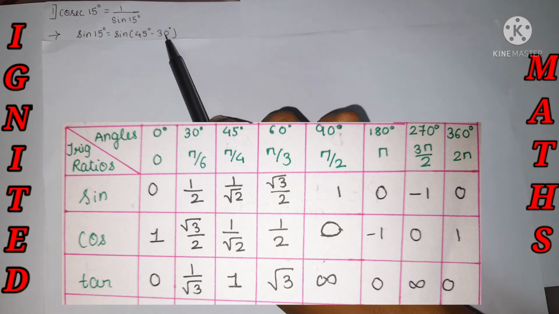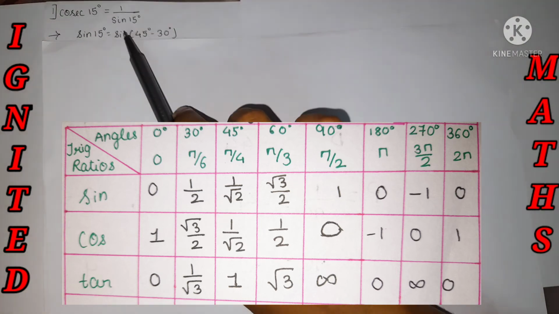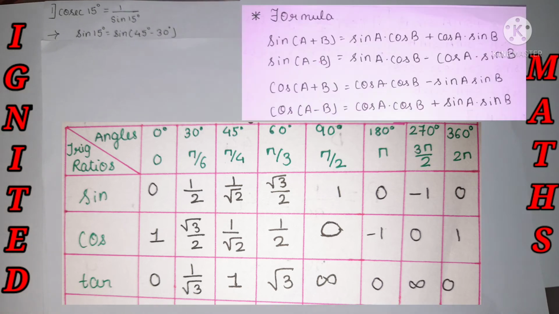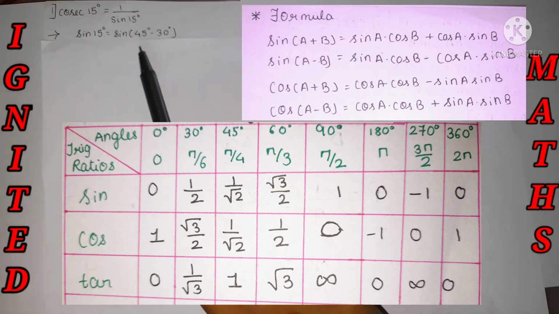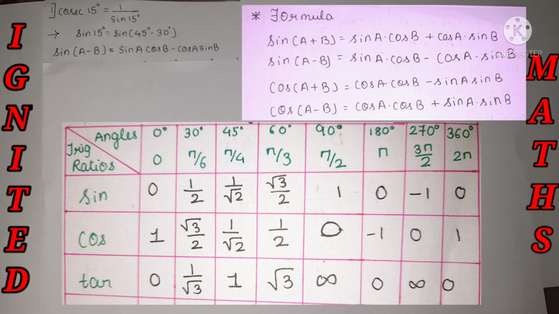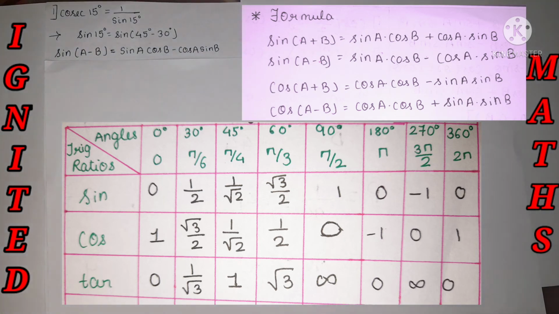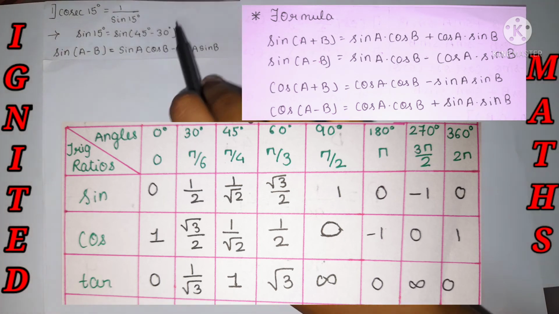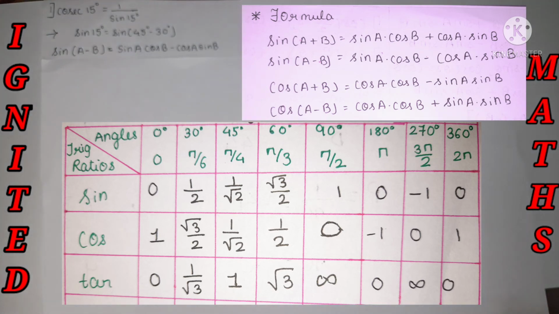Now 45 degrees minus 30 degrees is equal to 15 degrees, as we have seen. Now it's nothing but sin(A minus B), in which A and B are angles. Over here 45 degrees and 30 degrees are the angles. Can we apply the formula over here? Yes, absolutely we can apply the formula of sin(A minus B), which is sin A cos B minus cos A sin B. Just apply it in sin(45 degrees minus 30 degrees), where A is 45 and B is 30 degrees.